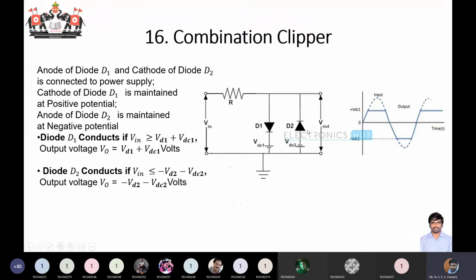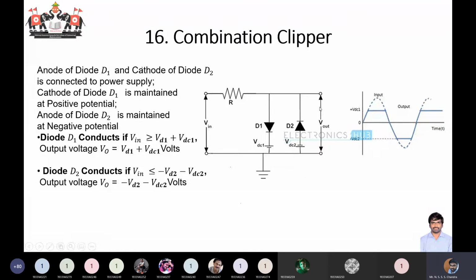So at one point only one diode will conduct. Okay, so both the diodes are not going to conduct at the same time.